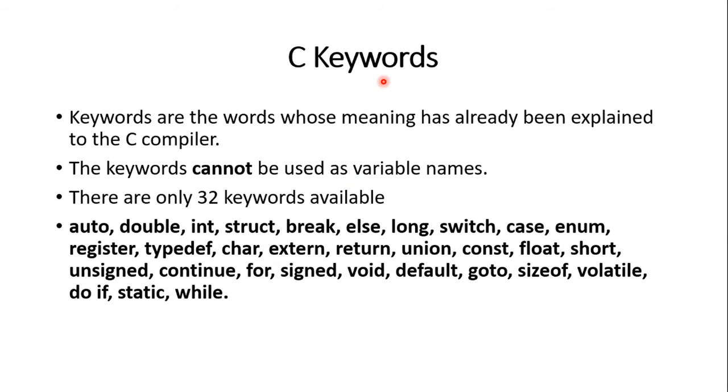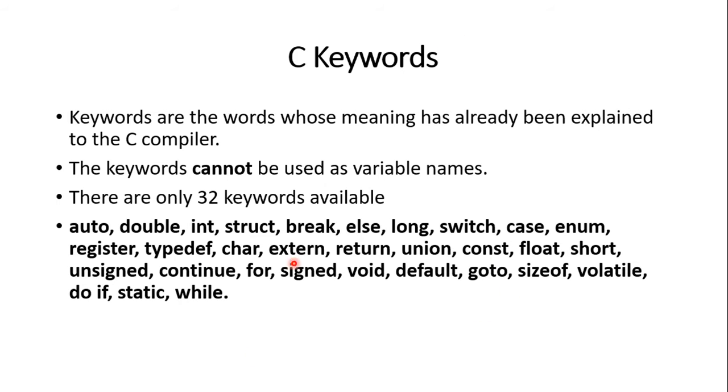Now C keywords. Keywords are the words whose meaning has already been explained to the C compiler, or in a broader sense, already been explained to the computer. The keywords cannot be used as variable names. There are only 32 keywords available: auto, double, int, struct, break, else and so on.